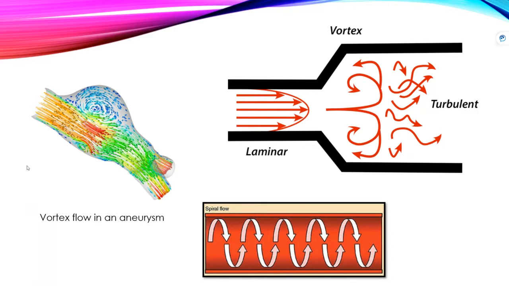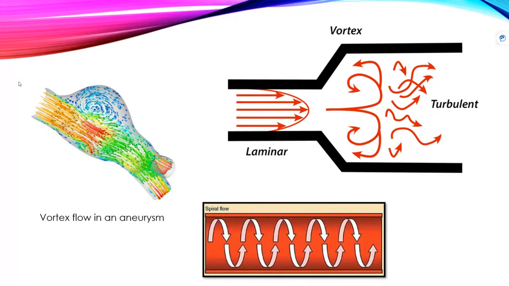This is a different type of representation of it. As you can see, here's that whirlpool. Here's a bifurcation, and the directions of the arrows are pointing up. So with this bifurcation, the whirlpool happened right after it. This is considered laminar flow right here.